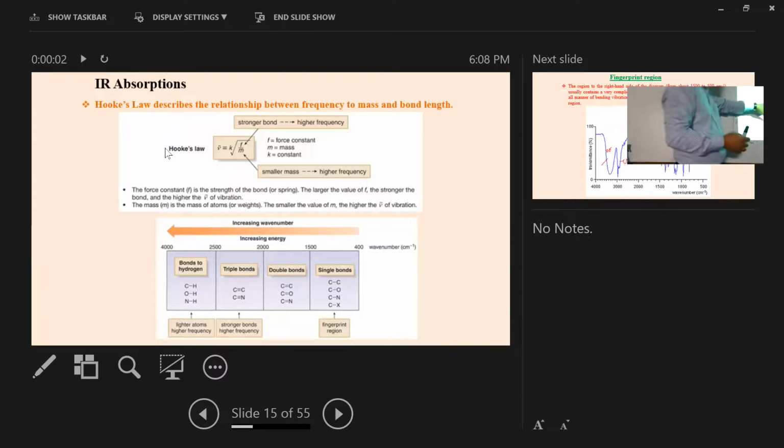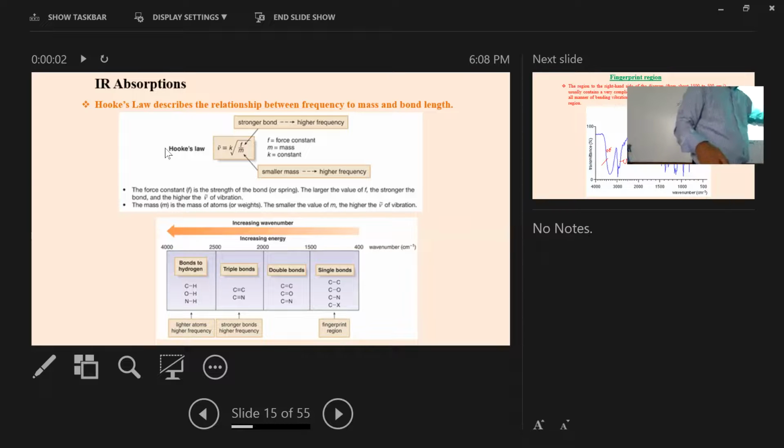That means if the mass of the molecule is smaller, in that case the absorption frequency will be very high. And if the force constant is high, that means if their attraction force is very high, in that case the frequency will be high. Therefore, we can consider oxygen and hydrogen.